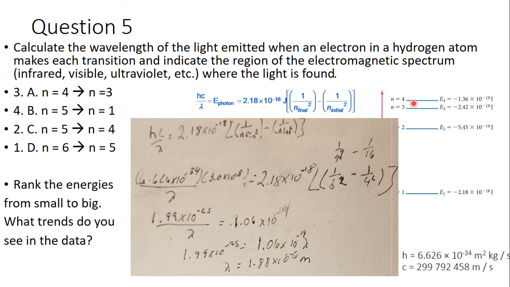N equals 3 to n equals 4 is even smaller. So as you go higher up, it takes less energy to jump these different gaps. N6 and N5 are our highest energy levels, and we're only changing one energy level, so that's the easiest to do. That means it takes less energy to do that jump, so that energy would be the smallest.